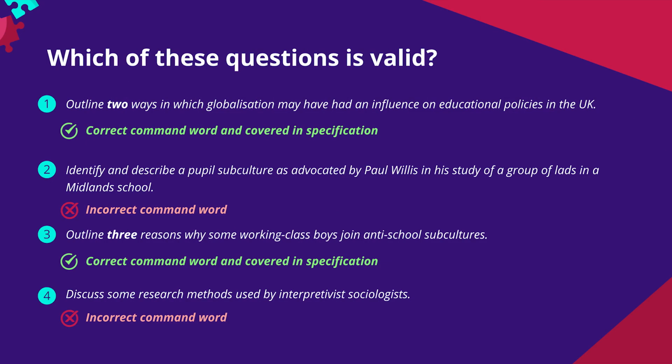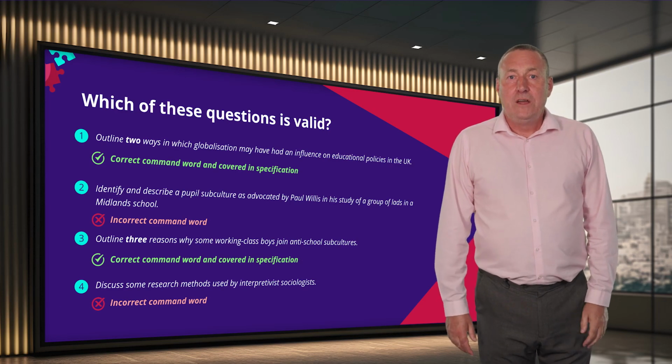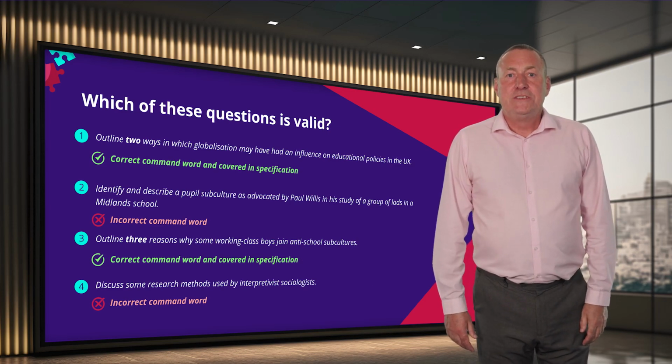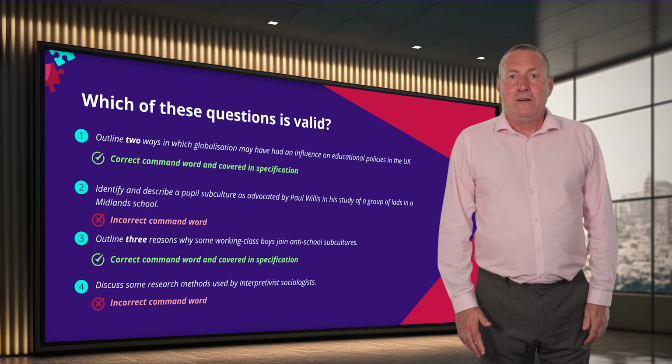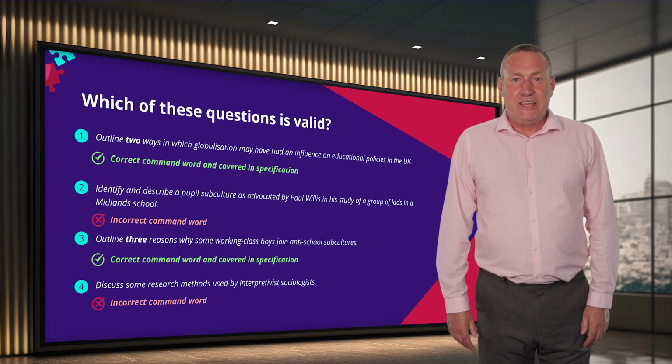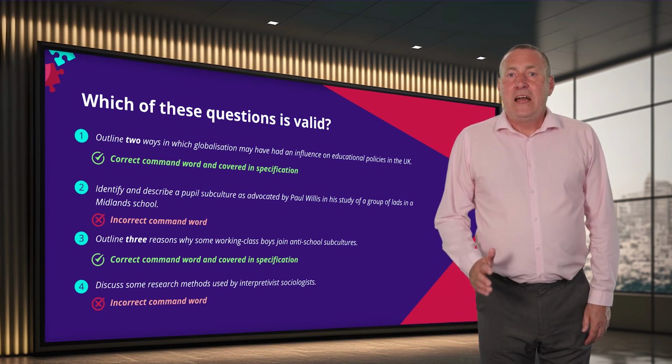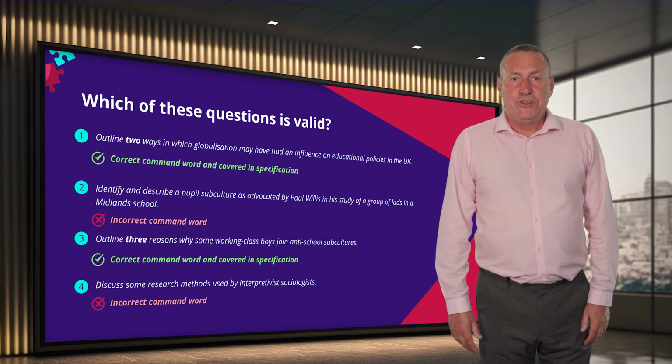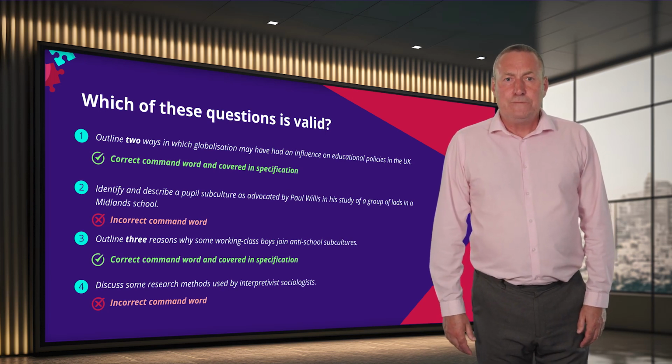Those with ticks beside them are fine for the reasons stated on this slide, in that the command is as used in order to assess a particular assessment objective as stipulated in the specification. Those with crosses are not appropriate, since they are not the commands used by this specification as a way of assessing students of sociology at A-level.